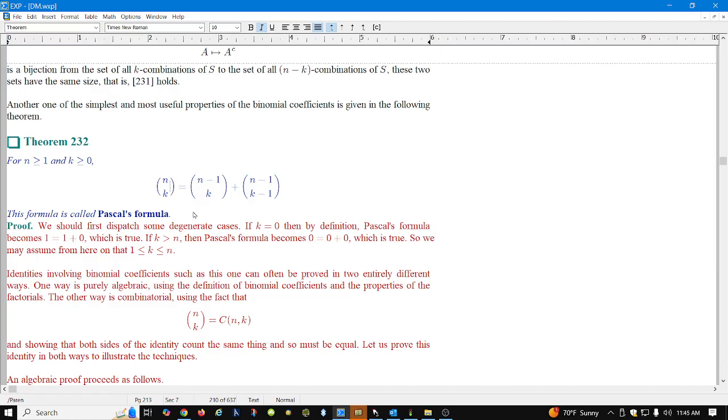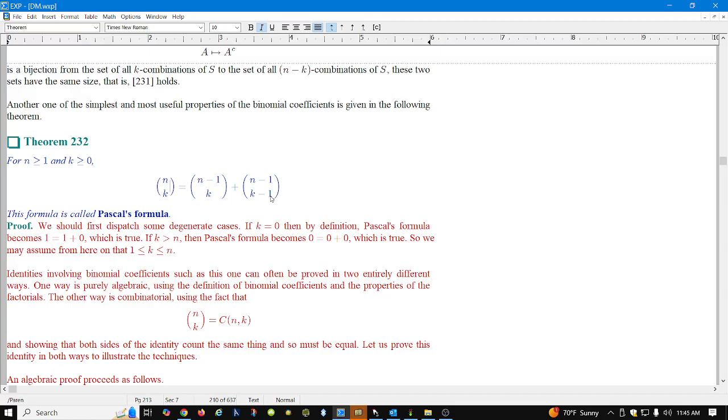And as to its proof, we would first want to dispose of some degenerate cases. If k is 0, then this formula reduces to 1 equals 1 plus 0. And that, of course, is true. If k is bigger than n, this is 0, this is 0, and so is this.